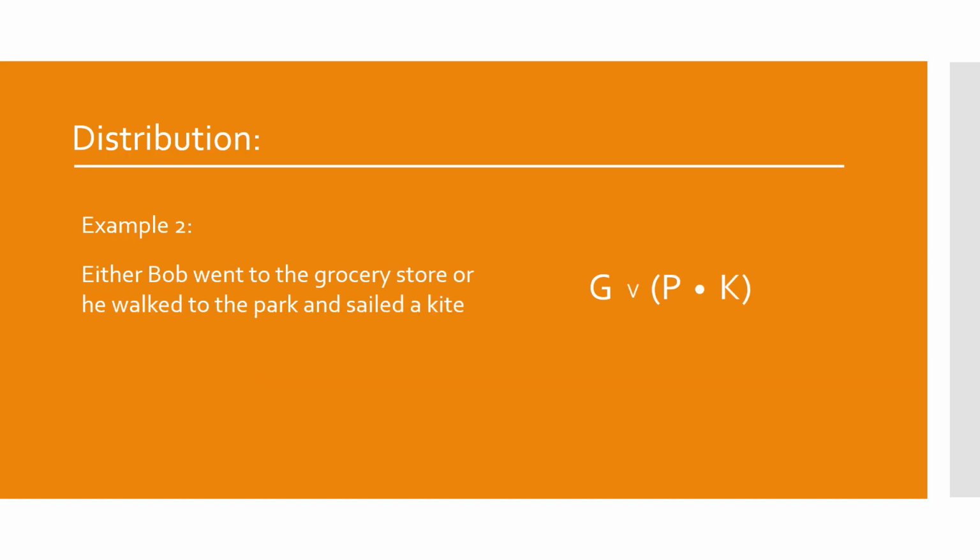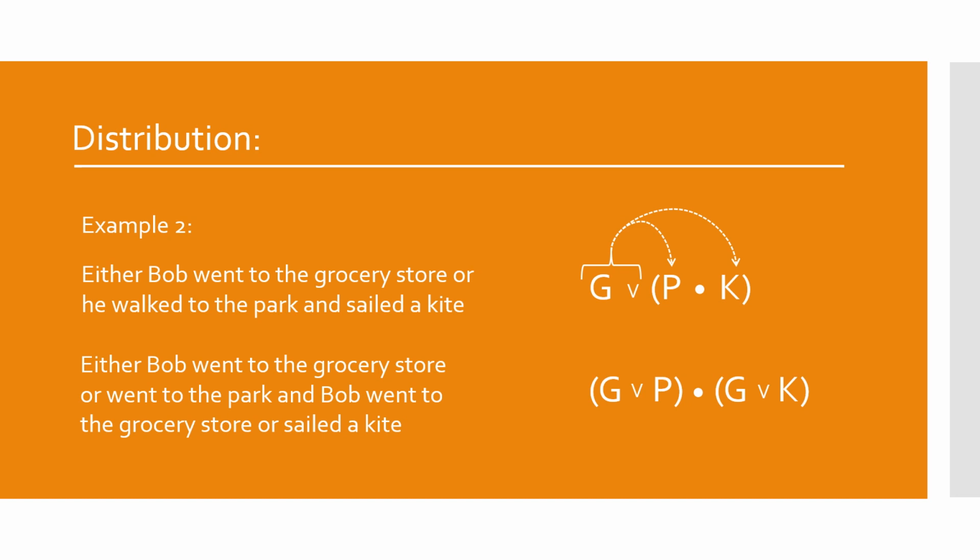The second variant basically just swaps the place of my operators, the or and the and claim. In this case, notice we have either Bob went to the grocery store or he walked to the park and sailed a kite. If we wanted to translate this, we get either G or P and K together. And what the rule of distribution allows me to do is take the G or and simply distribute it to the different terms, putting it together with an and.